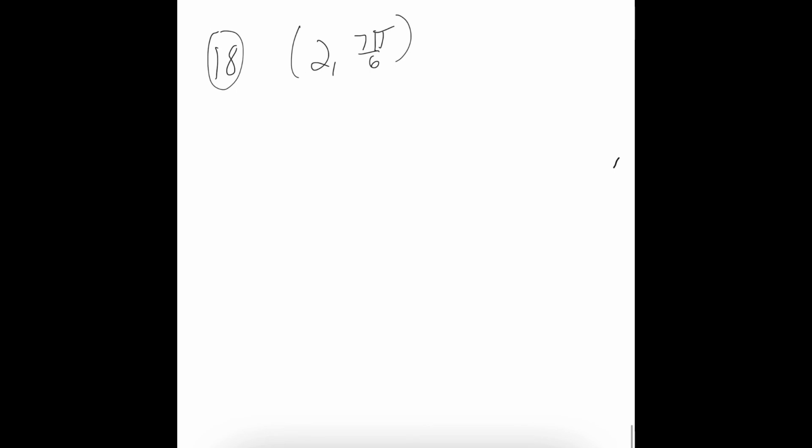Alright, let's graph it. 1, 2. We need to figure out where is 7 pi over 6. So we start at 2 over here, and we go around. A pi over 6 is 30 degrees. So we're doing 7 of that, 7/6. So 7 times 30 gives me 210 degrees.